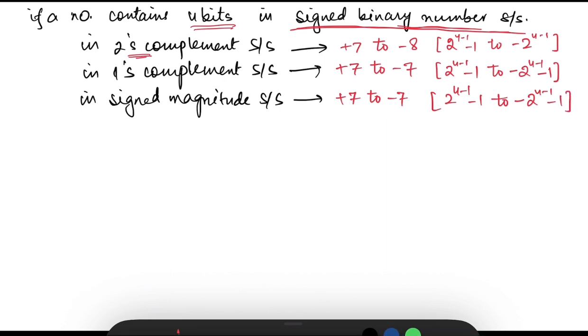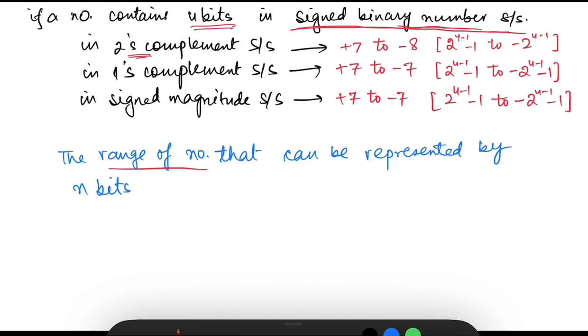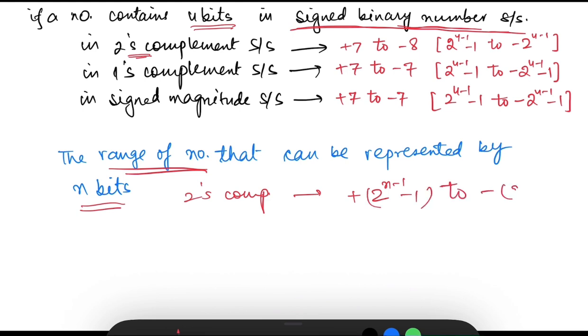So in general, the range of numbers that can be represented by n bits is, in 2's complement, 2 raised to the power n minus 1, minus 1 to minus 2 raised to the power n minus 1.